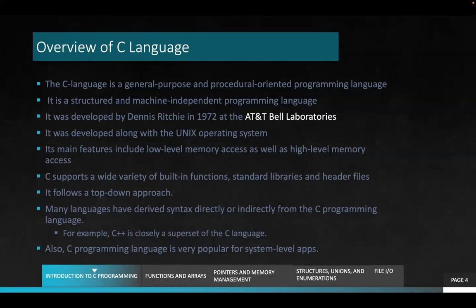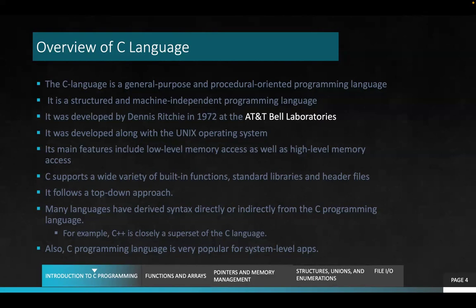It needs just a compiler to compile whatever instructions we have written in the program for understanding the machines. Initially, it was developed by Dennis Ritchie in 1972 at AT&T Bell Laboratories.